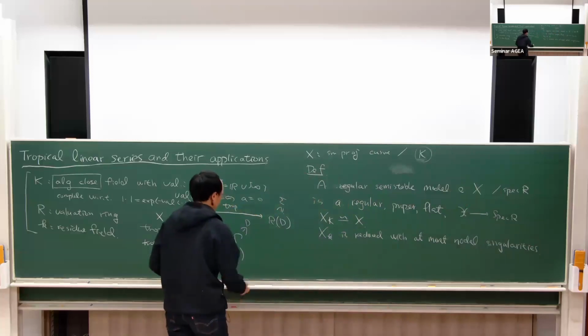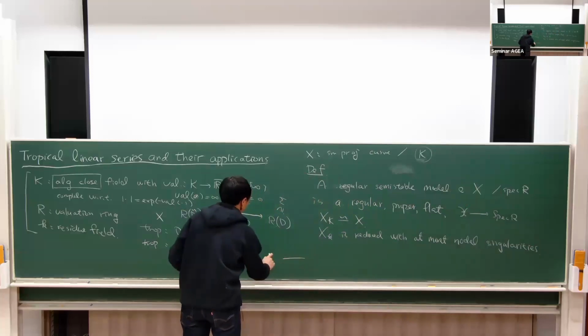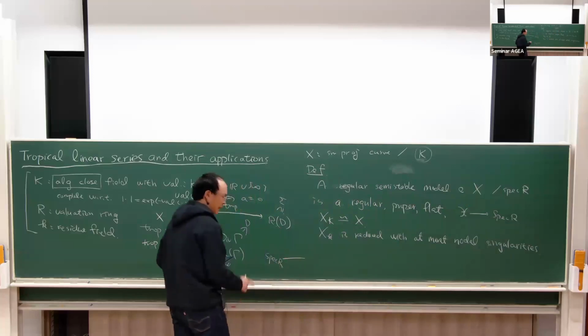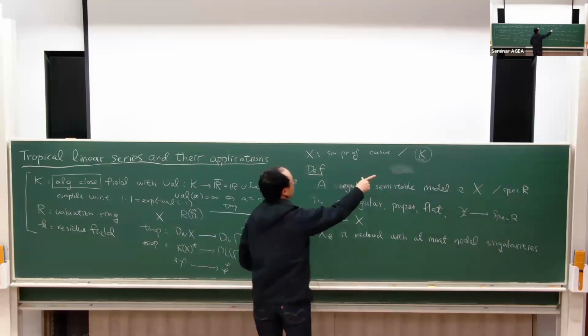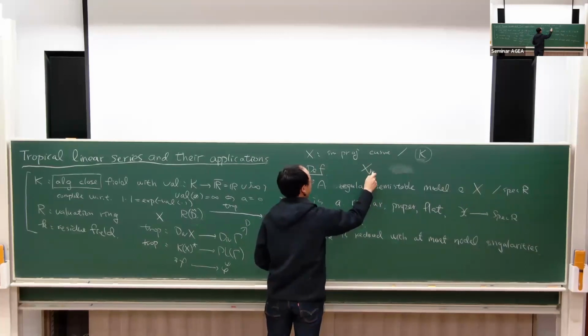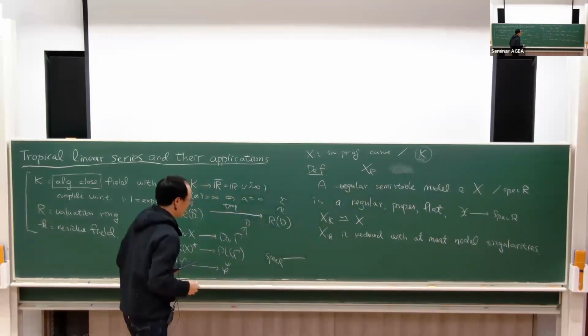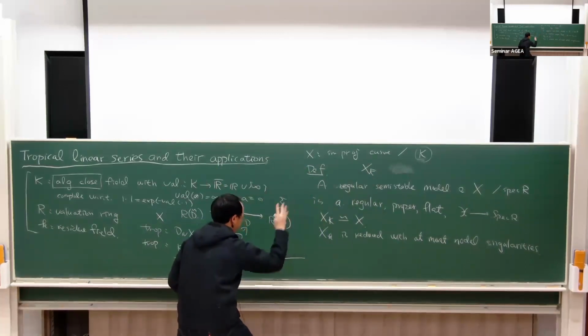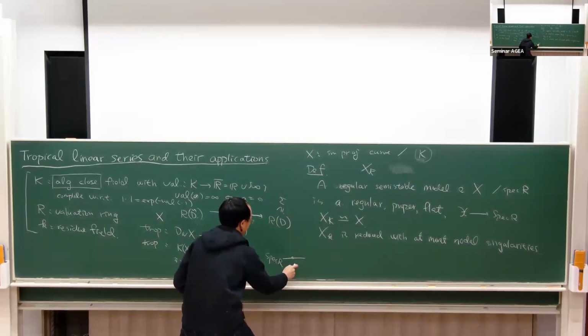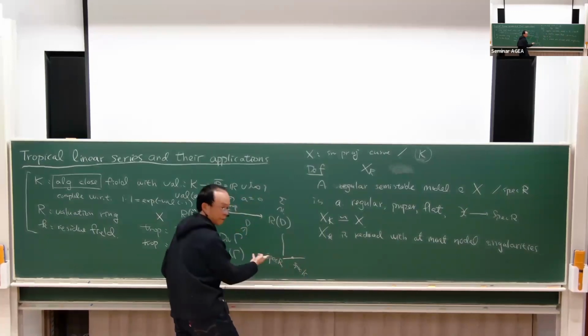So the picture is like this. Actually, this picture is for this case, but we somehow mix the two situations. So this is Spec K, and our curve is the generic fiber of this family.